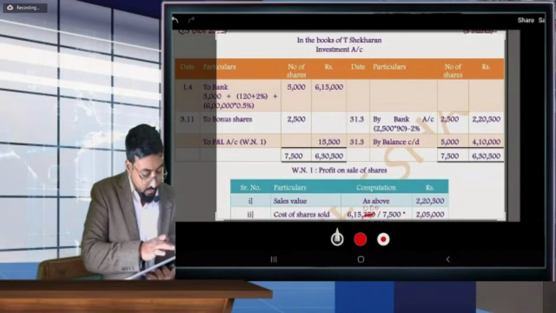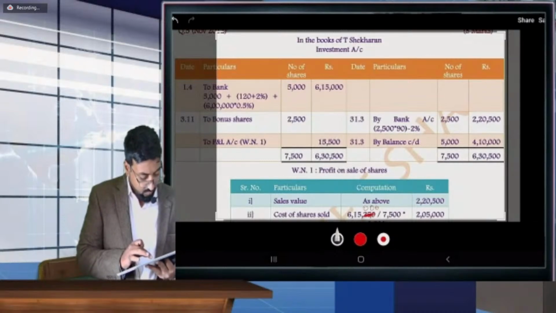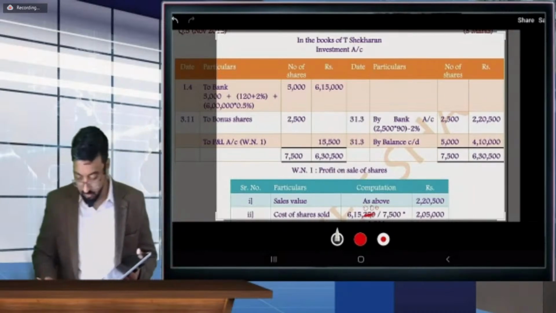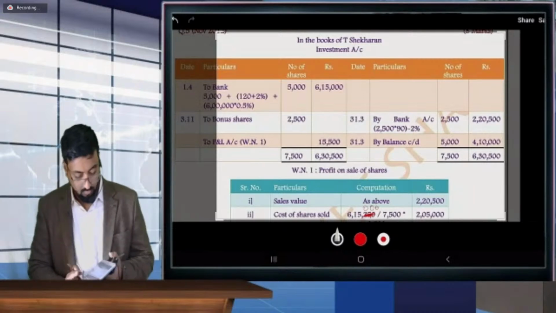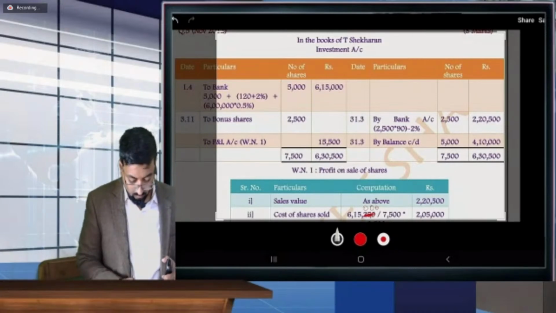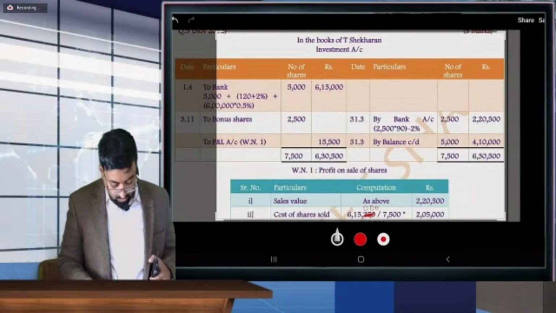You only give me a request, I will solve that question. चलो. Akanksha is asking for question number 17.